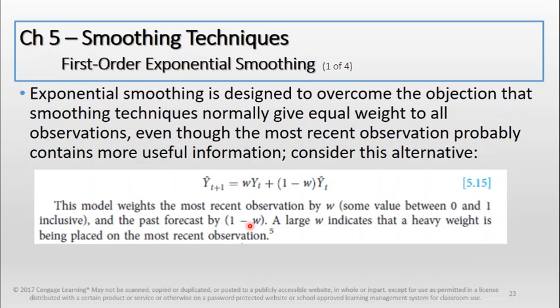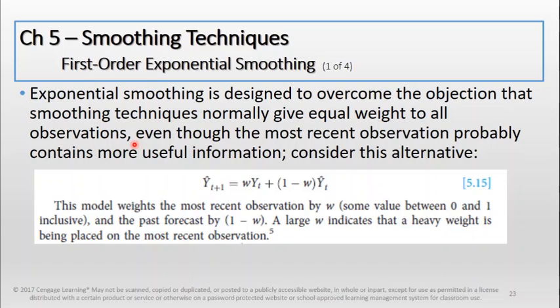So equal weight to all observations, even though the most recent observation probably contains more useful information. With that, exponential smoothing is designed to overcome this objection.